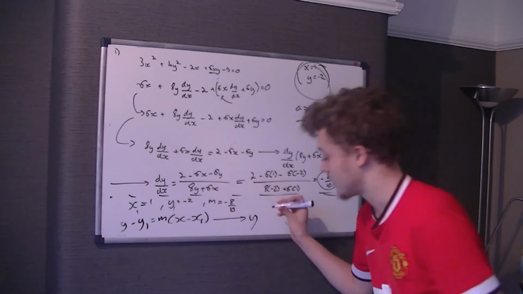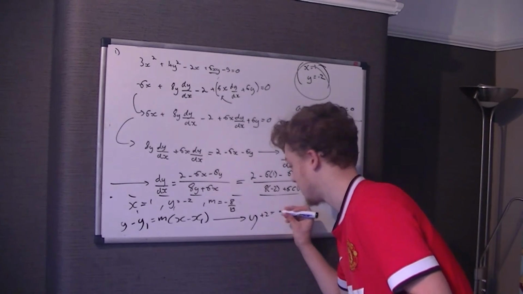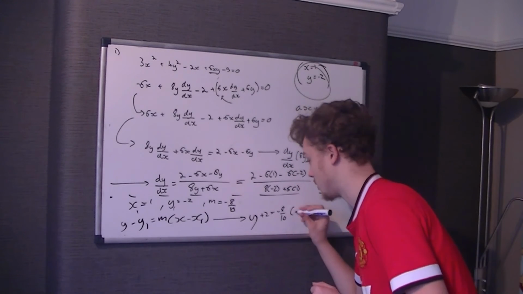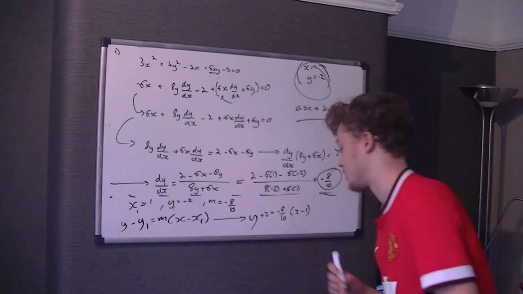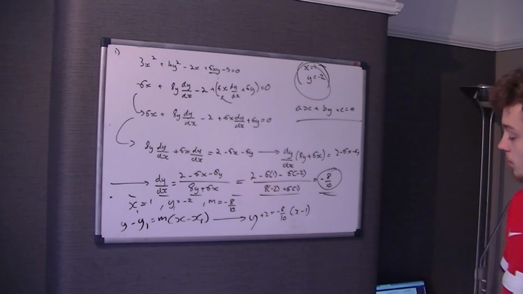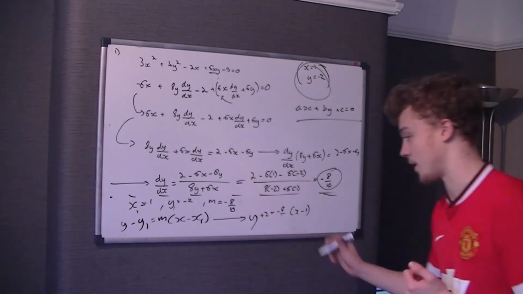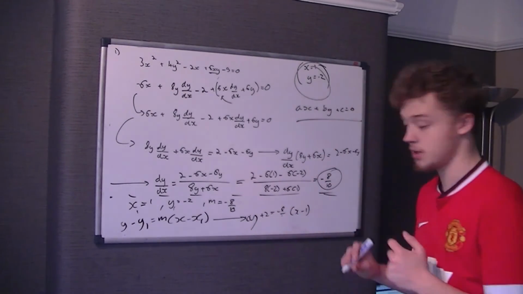That's equal to m, which is negative 8 over 10, times x take 1, because x1 is 1. Times both sides by 10, which gets rid of the fraction, because we prefer whole numbers.